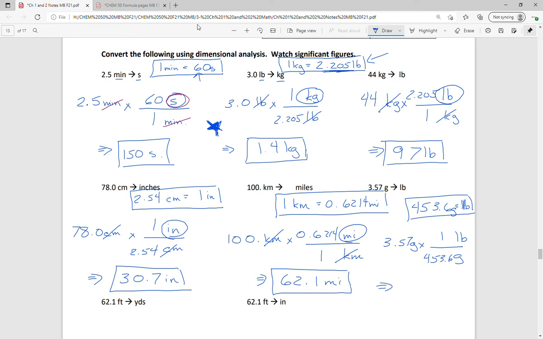And then I can use my calculator to do the math that it says. So this would be 3.57 divided by this number. If it's on the top, multiply. If it's on the bottom, divide. And of course, I'm ignoring the ones. I'm going to write this one in scientific notation. If you wrote it in standard notation, that's fine. There's no rules on that. But you want the value to be the same.